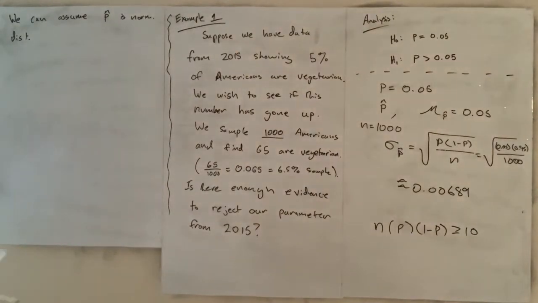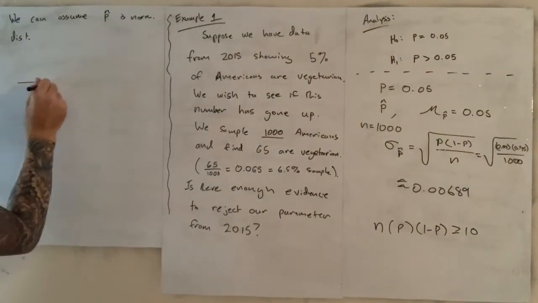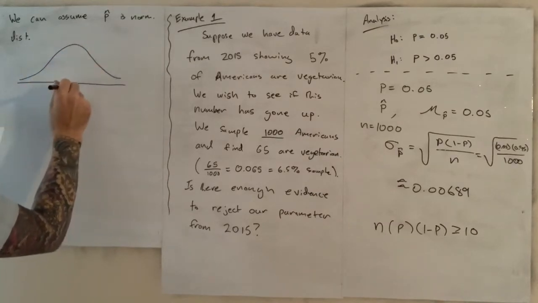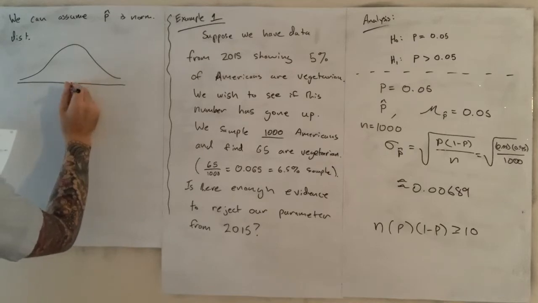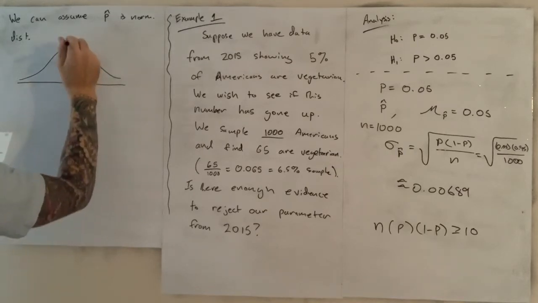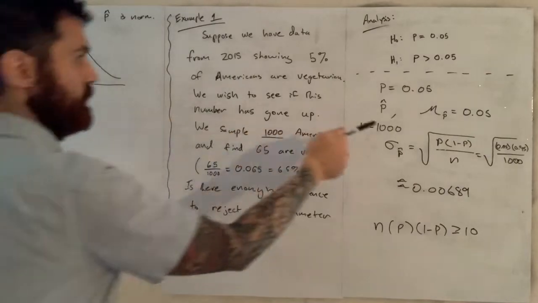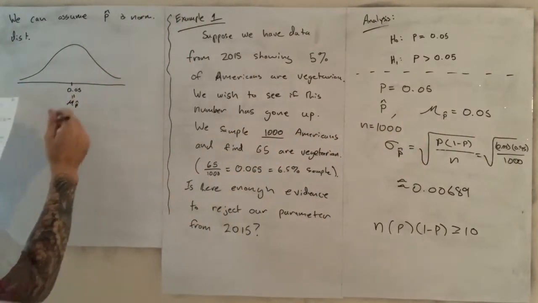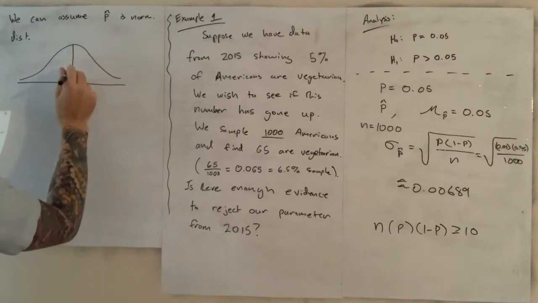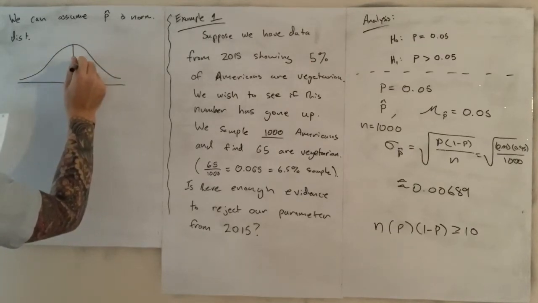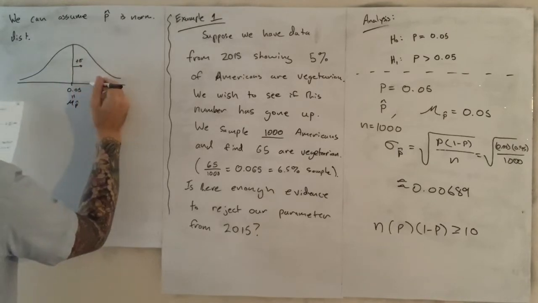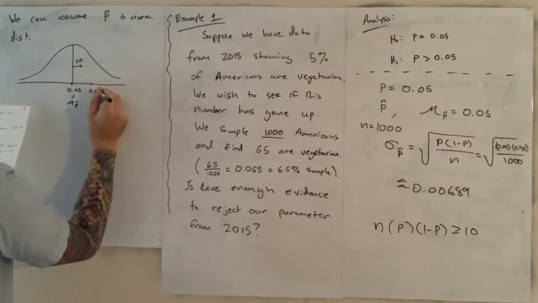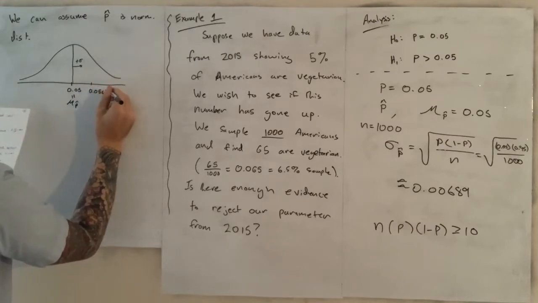Okay, so we can do that, and we can build kind of a normal model where in the middle you're going to have 0.05 because this is our assumption of what's true. And then if you go out plus the standard deviation, you're going to get to 0.05689.